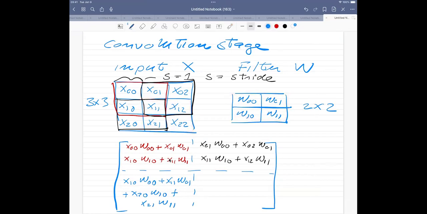So that's going to give me now x11 multiplied with w00 plus x12 multiplied with w01, x21 multiplied with w10 plus x22 multiplied with w11. Now, if you now look at this operation here, yeah? Stride? Yeah, also down, yes.